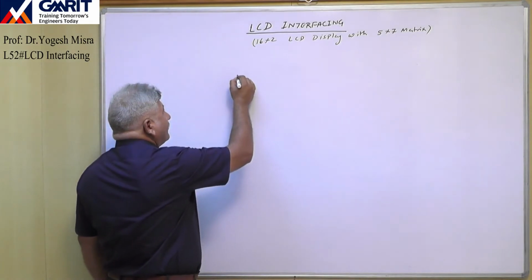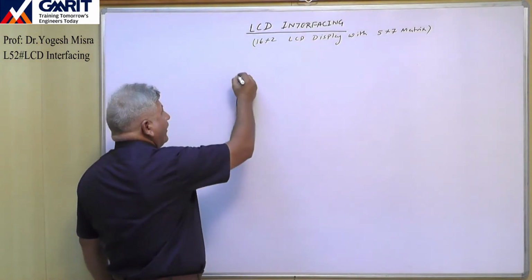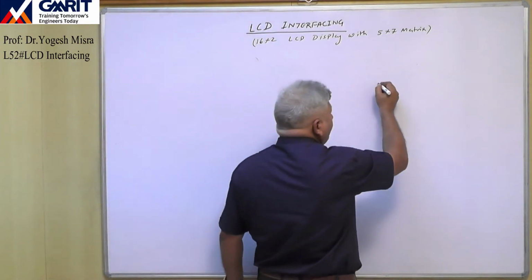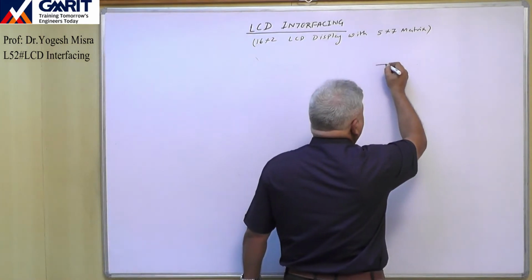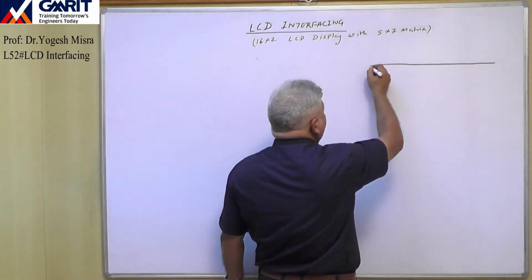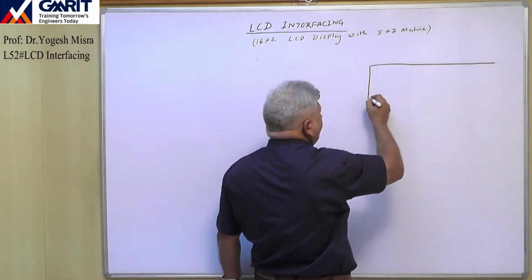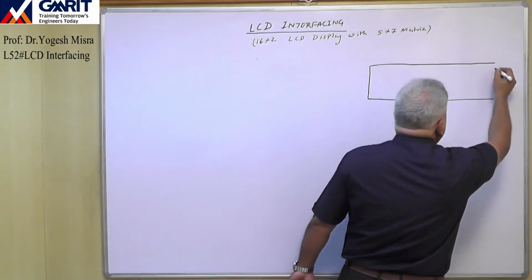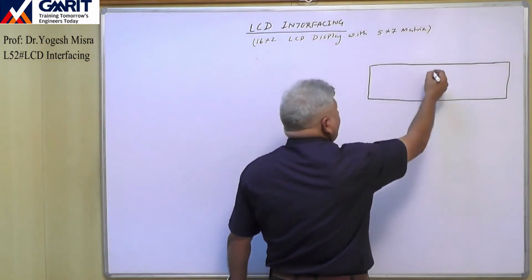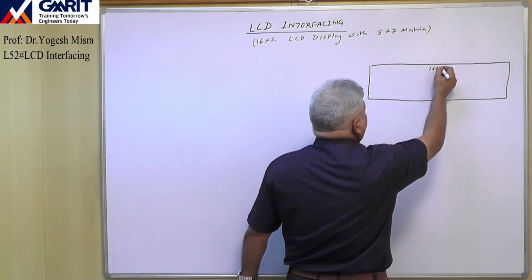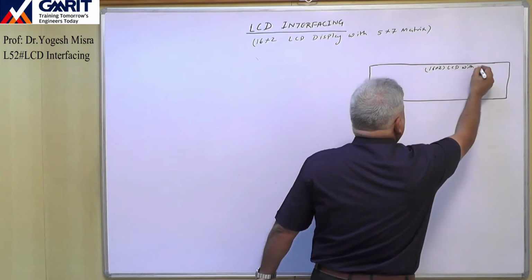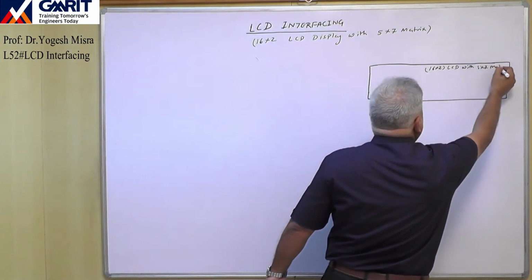So now suppose this is our LCD, so we will draw here. This is our 16:2 LCD with 5:7 matrix.